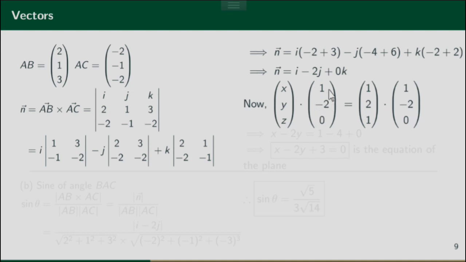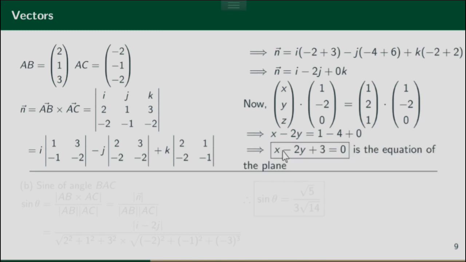So I multiply x times 1 gives x, y times negative 2 gives negative 2y, z times 0 is 0, equals the dot product of these two vectors: 1 times 1 is 1, 2 times negative 2 is negative 4, 1 times 0 is 0. So I have 1 minus 4. So x minus 2y plus 3 equals 0 is the Cartesian equation of the plane.